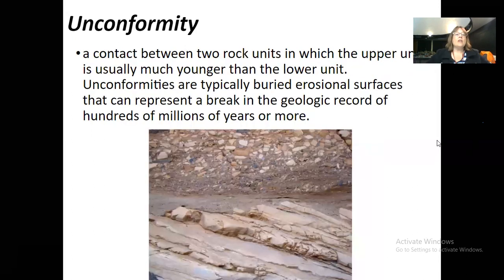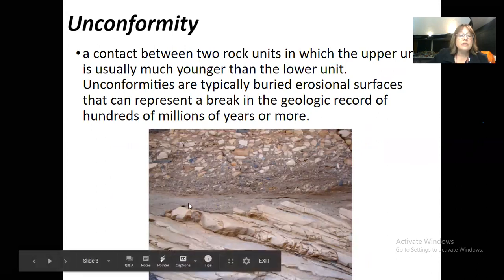All right, now there are three different types of unconformities. And in all cases, the rocks that are below the erosion surface are older than the rocks that are above the erosion surface. In some cases, the location of the erosion surface is very easy to identify, like this picture. Here, the erosion surface is this region of the photo, right here.